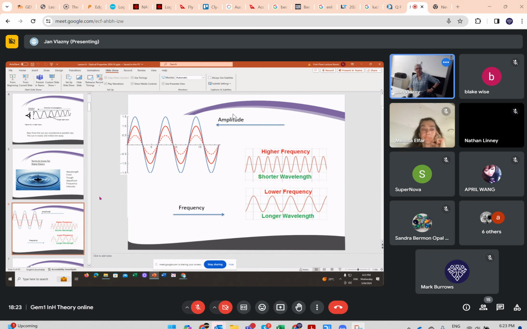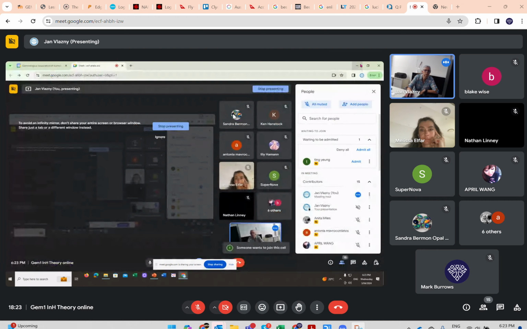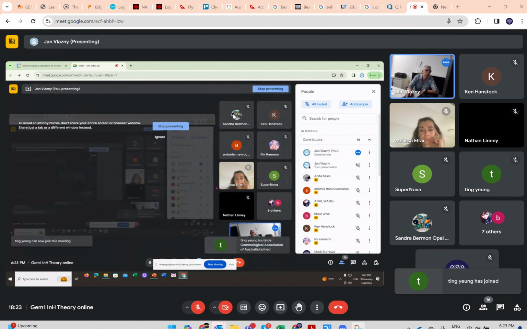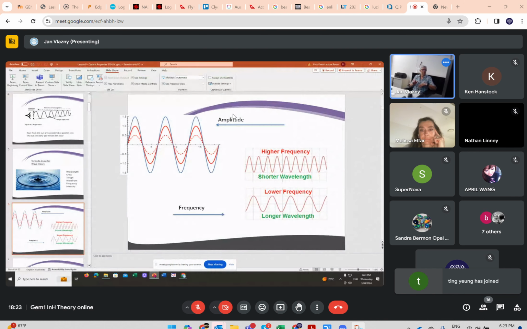Okay. So the wavelength of light that's coming from the sun is travelling light. So all of the wavelengths are travelling like this.